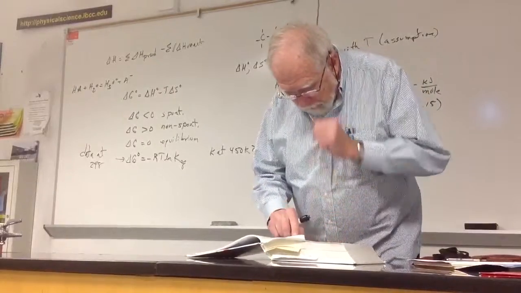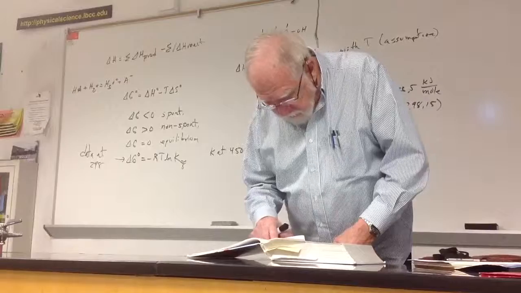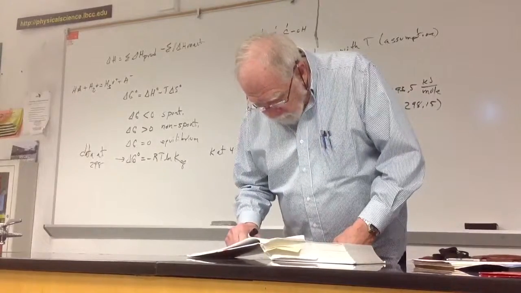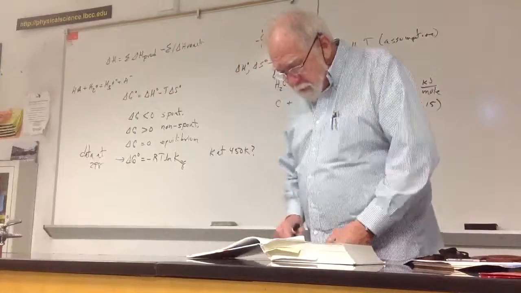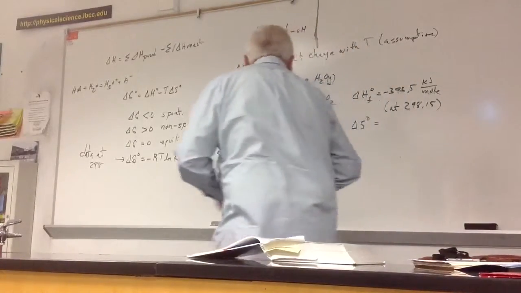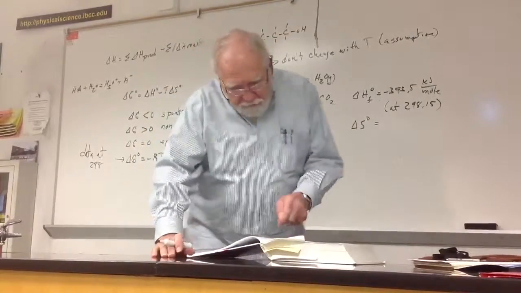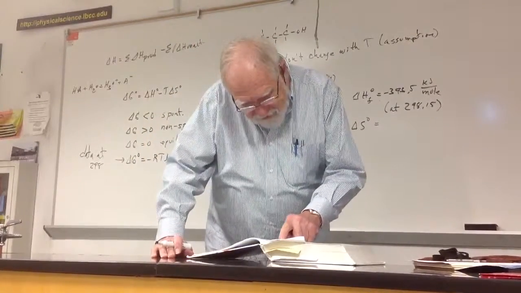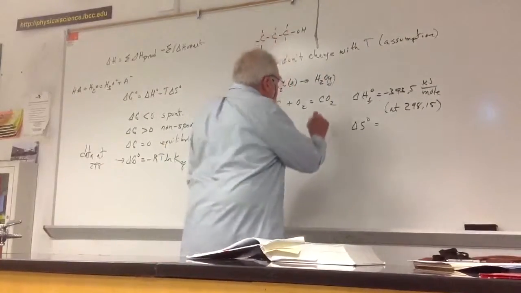So here's CO2, and I'm going to work with the gas. And this, by the way, is a mistake sometimes people make because they see S zero for CO2. S zero is 213.7.